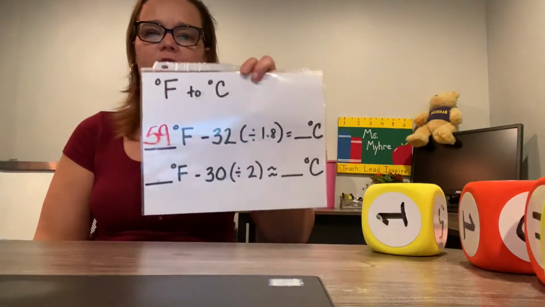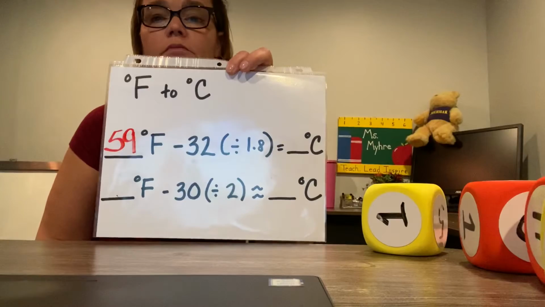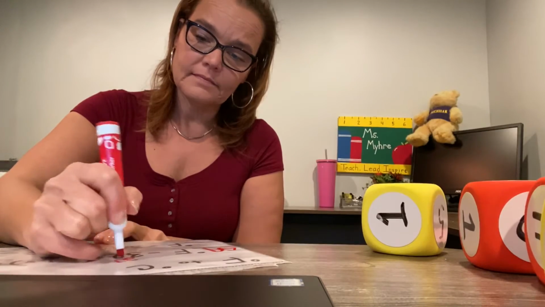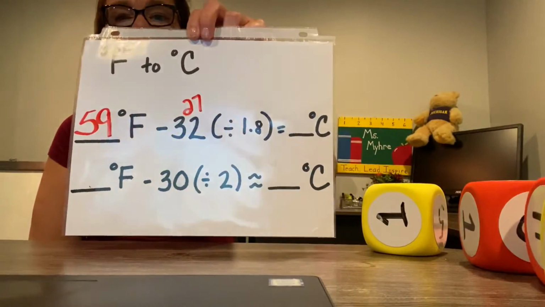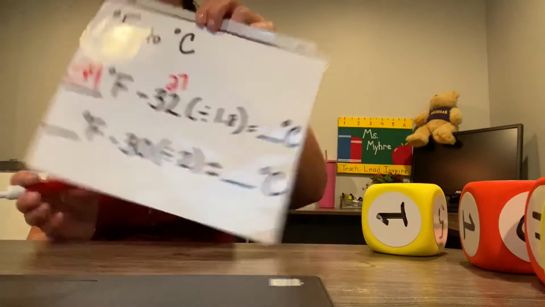So we're going to take 59 degrees. We're going to subtract 32, which would give us 27. And then 27 divided by 1 8/10 is 15 degrees Celsius.